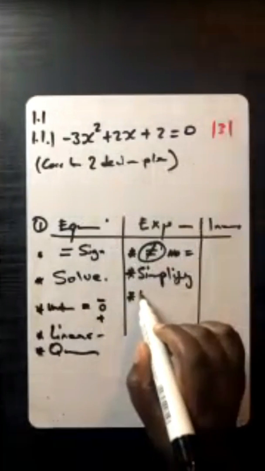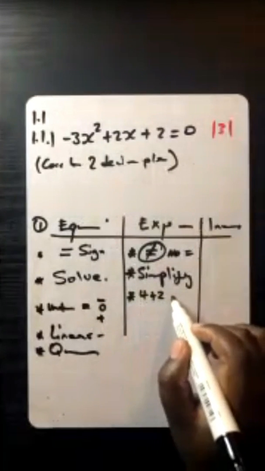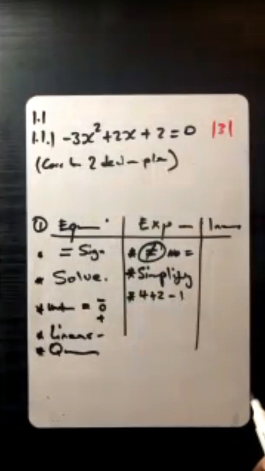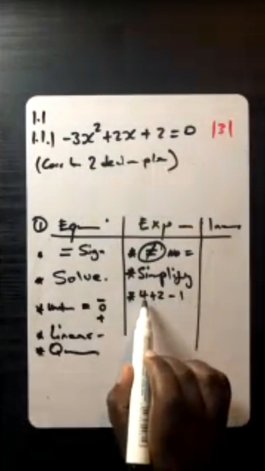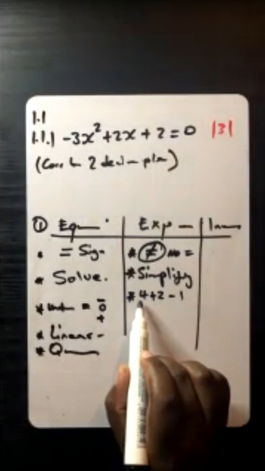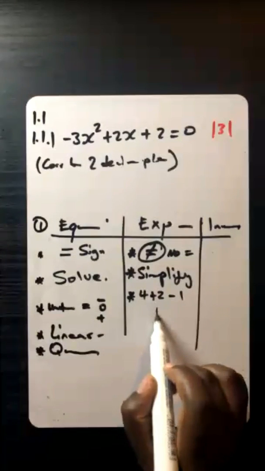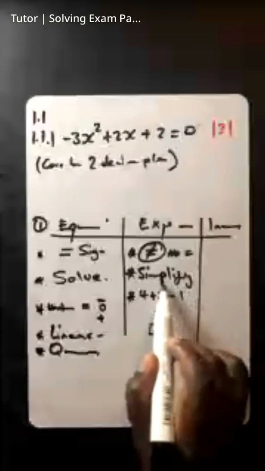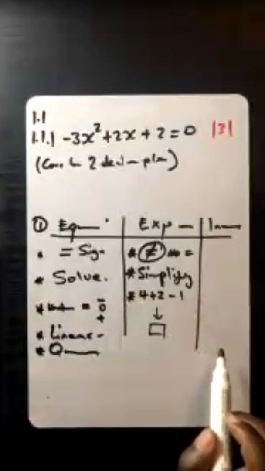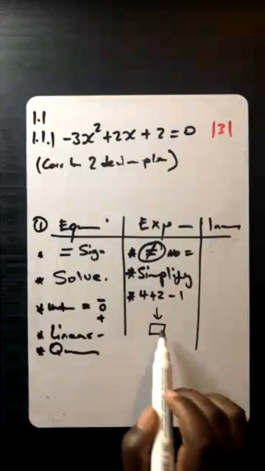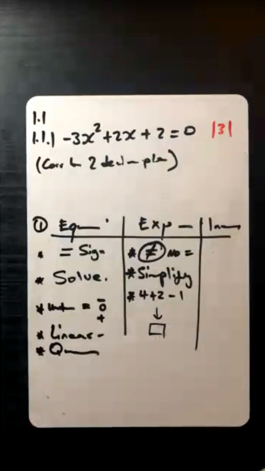For example, you could be given 4 plus 2 minus 1. So you can either follow BODMAS to solve this or punch all of this on a calculator and get just one number. So that means you have simplified that lengthy expression into its simplest form.